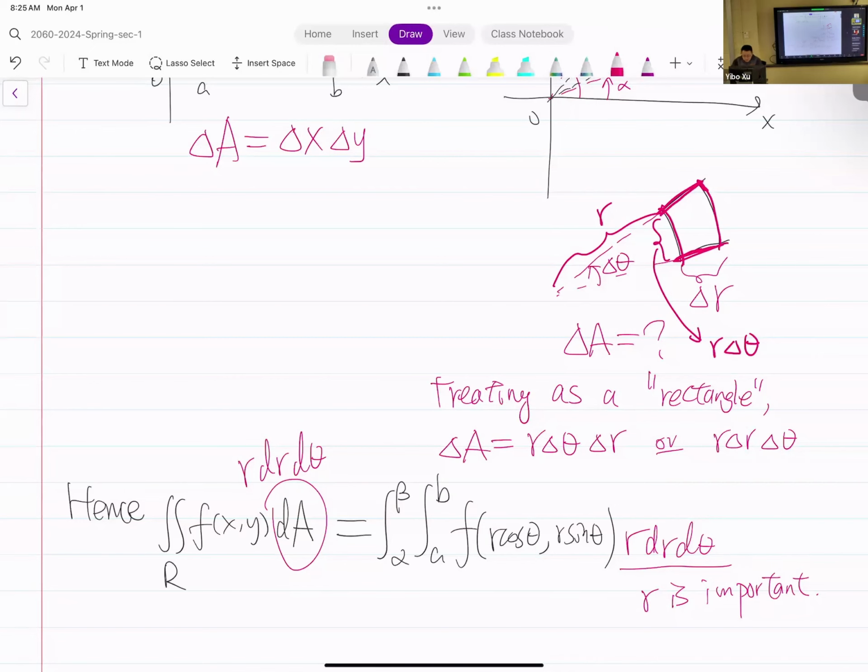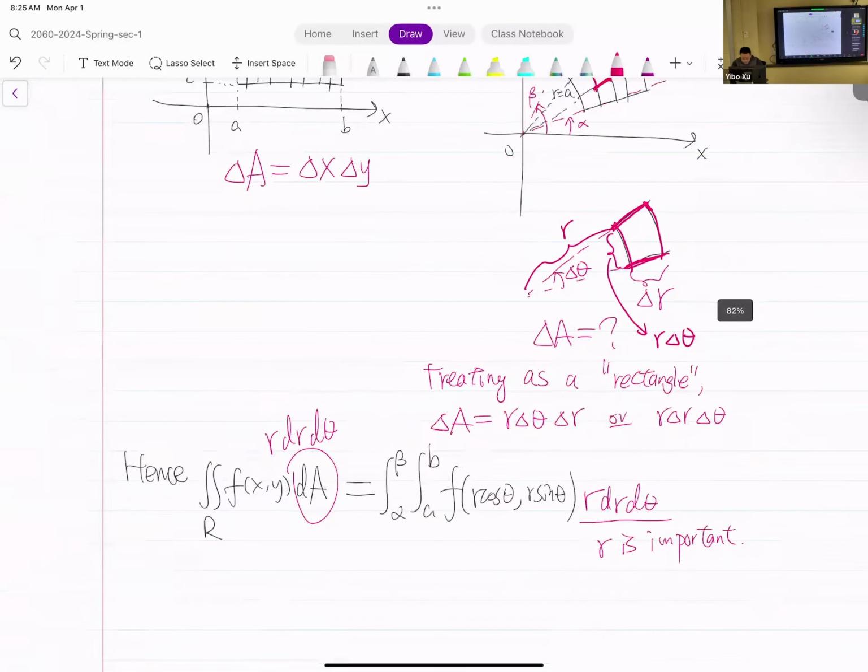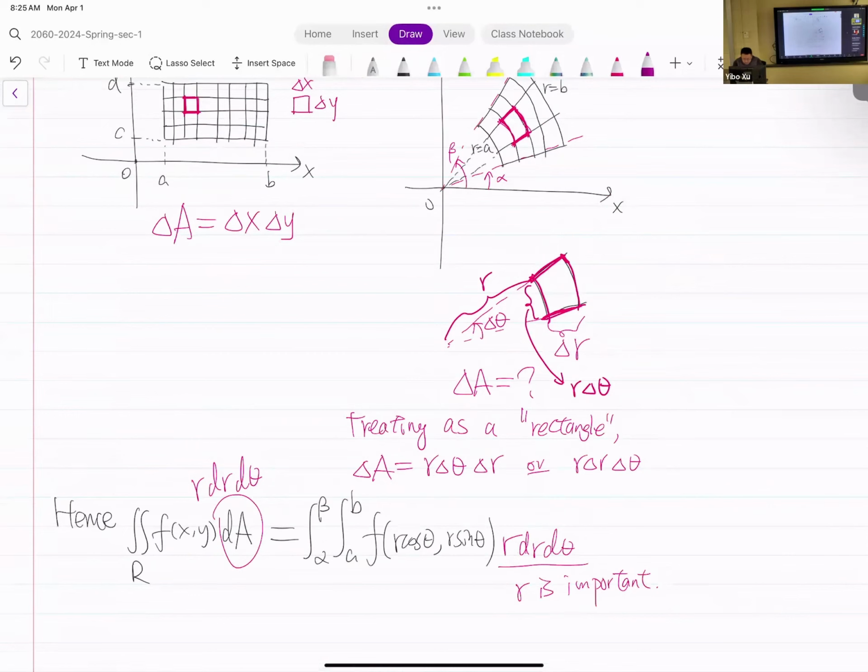But here, let's look back at the figure. See this region right here. If you think about the one in the upper right corner, it also faces the same increment of the angle, delta theta. And the increment of the radius is almost the same.